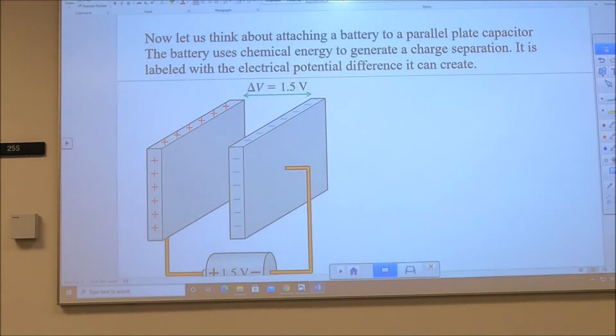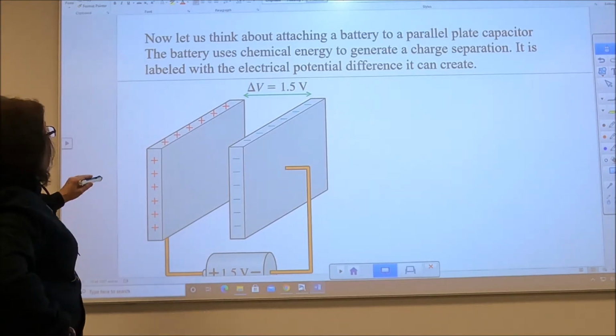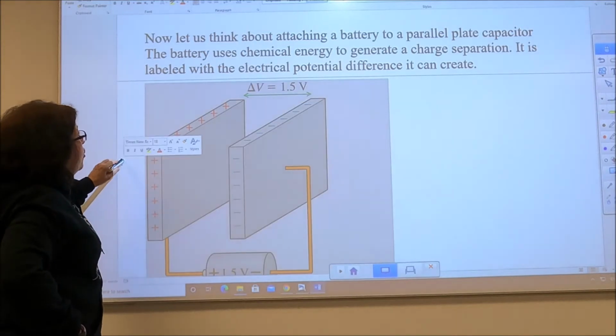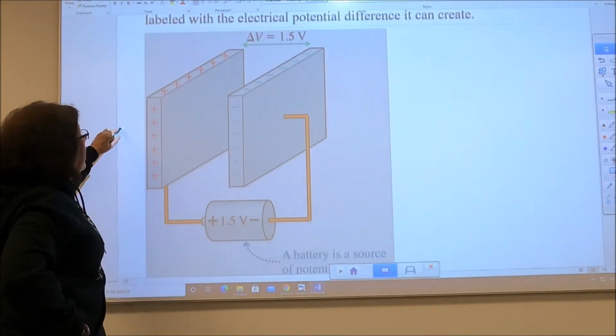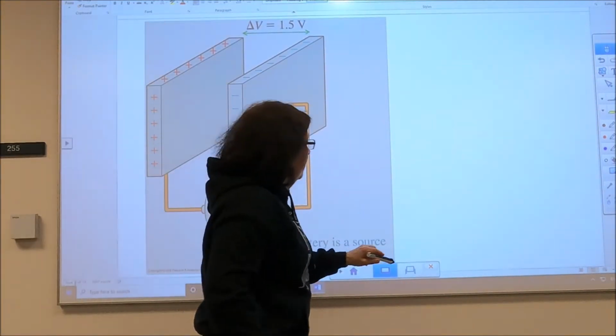Let's think about attaching a battery to a parallel plate capacitor. A battery is a device that uses chemical energy to generate charge separation. And it's labeled with electrical potential differences it can create. Okay?